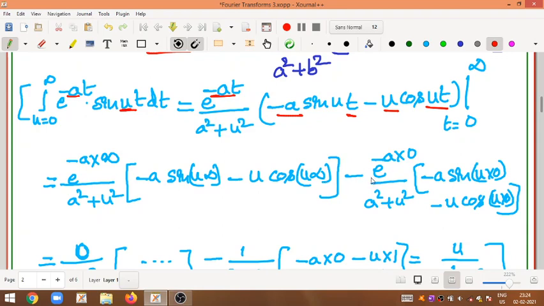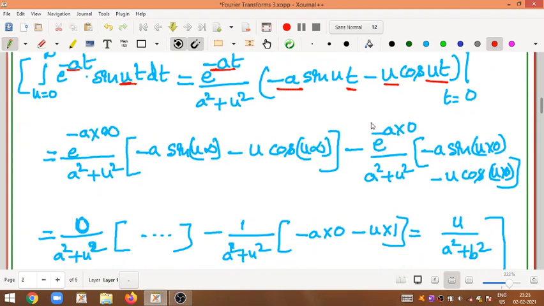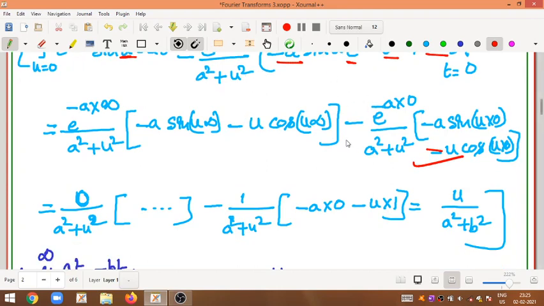Again, the lower limit: minus e to the power minus a into 0, by a square plus u square, into minus a into sine u into 0 minus u into cos u into 0. So this is applying the limits.